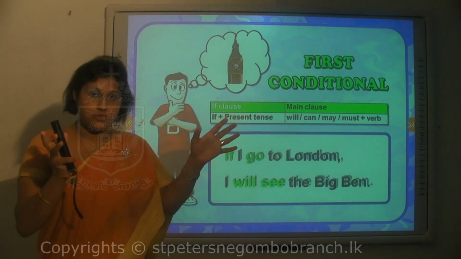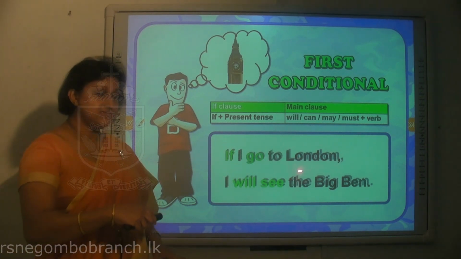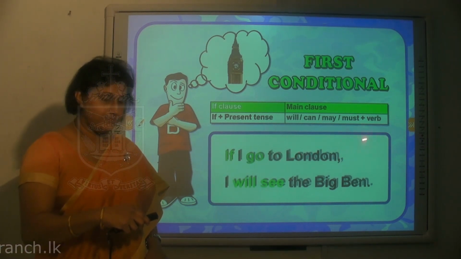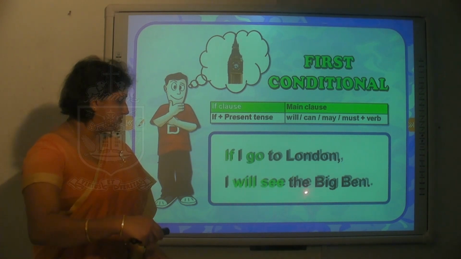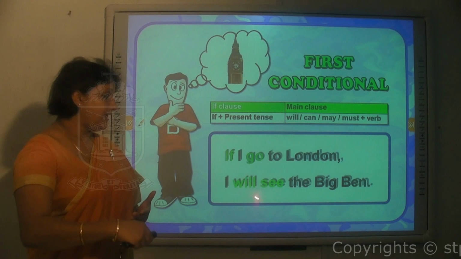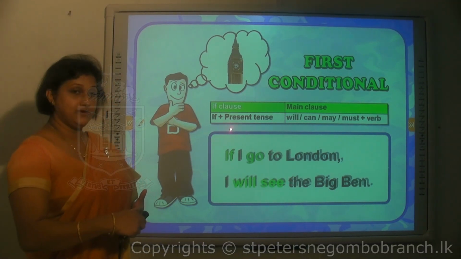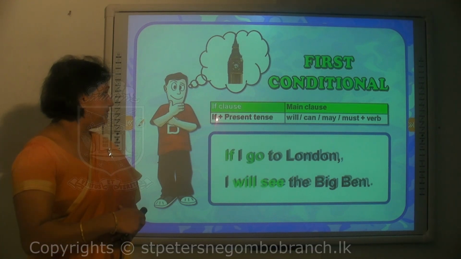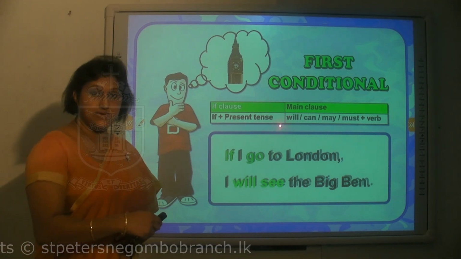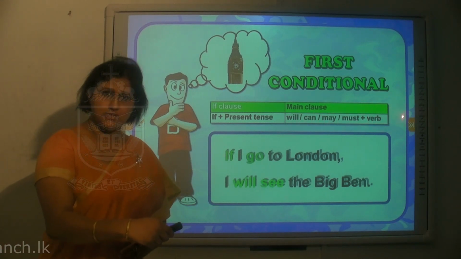So now look at the 2 clauses. The if clause has been presented in simple present tense, and the second clause, that is the main clause where the result comes, has will plus verb. Now we'll move on to the structure. The if clause is given in simple present tense. And on the other side, in the main clause, I have given a set of words. What are these set of words?